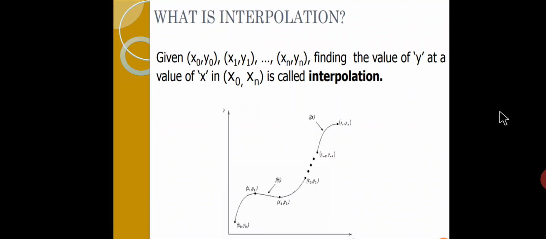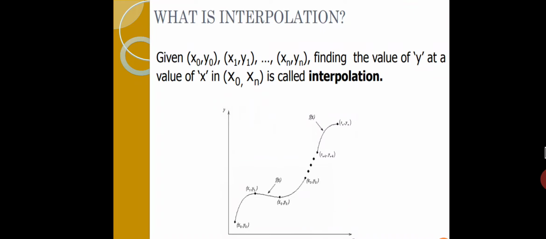So if we consider the statement y is equal to f of x, we can find the value of y corresponding to every value of x in the given range of x, which is called interpolation.